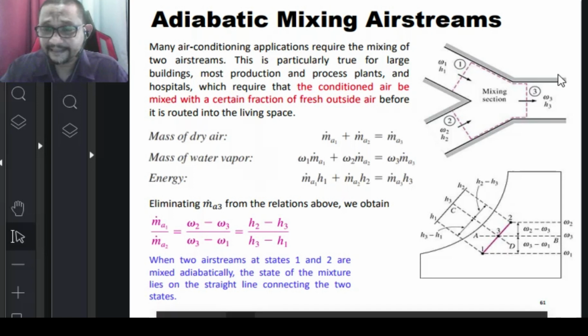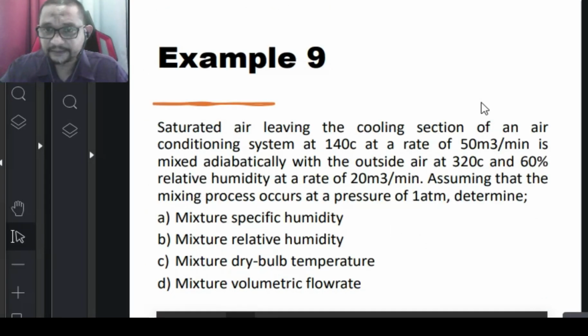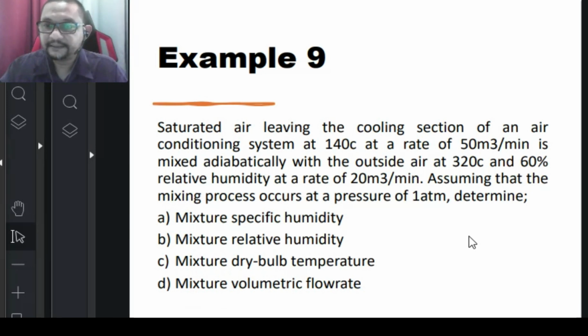To understand this theory, let's look at an example. Saturated air leaving the cooling section of an air conditioning system at 14 degrees Celsius, at a rate of 50 cubic meters per minute, is mixed adiabatically with outside air at 32 degrees Celsius and 60% relative humidity, at a rate of 20 cubic meters per minute.